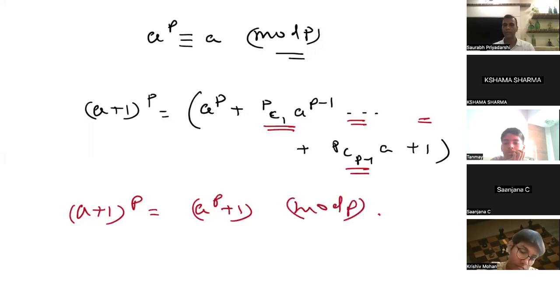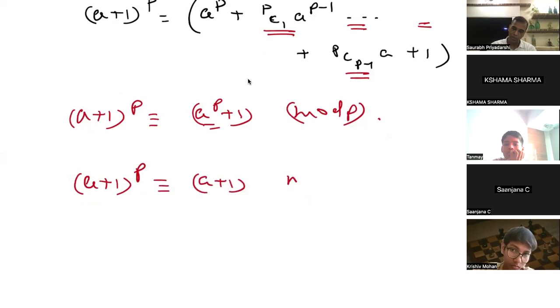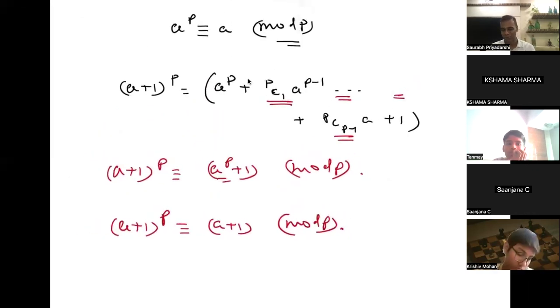Can I write this? And a to the power p is nothing but a only. So a plus 1 to the power p is congruent to a plus 1 mod p. Is this okay? Simplest proof.